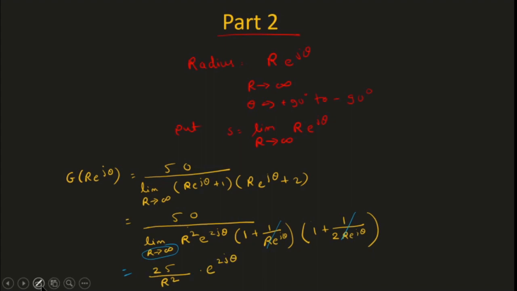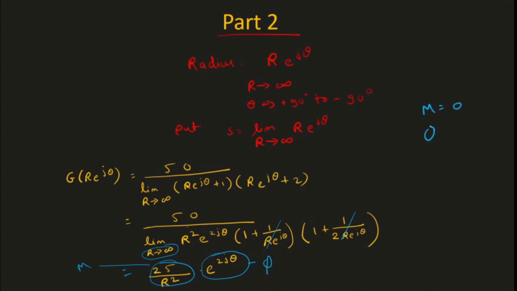So this particular part will be our magnitude and this particular part will be our direction, that is angle. This particular part is phi. So m will remain 0 for this part.